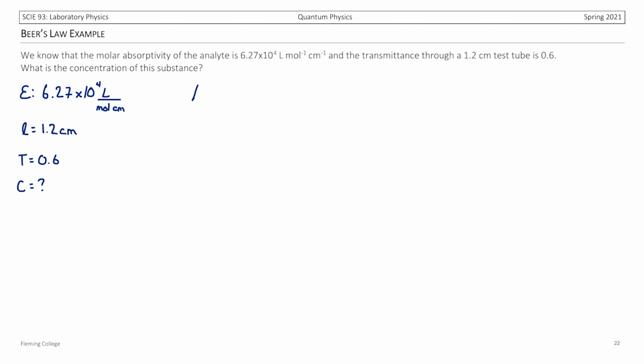We use our two formulas that we have here. A is equal to epsilon times L times C. And at the same time, A is equal to negative log base 10 of T. We can set these two equations equal to each other. We can rearrange for the concentration, and we can substitute our values.